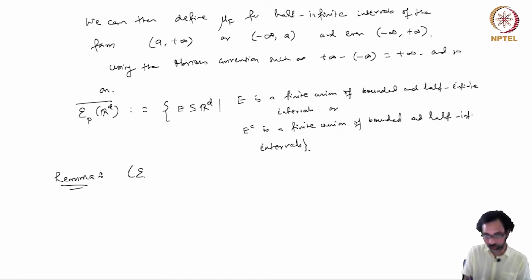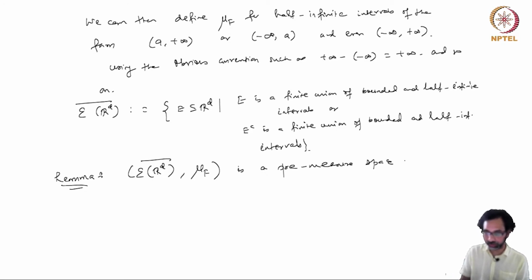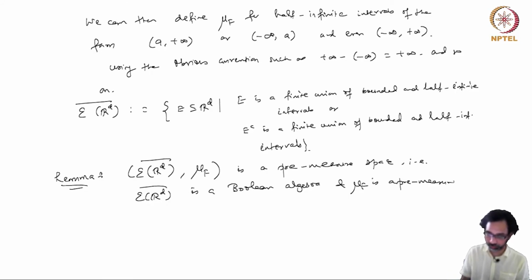Lemma: this Boolean algebra doesn't really depend on f, so E bar R^D with the measure mu f is a pre-measure space, meaning that this is a Boolean algebra, and mu f is a pre-measure on this Boolean algebra.